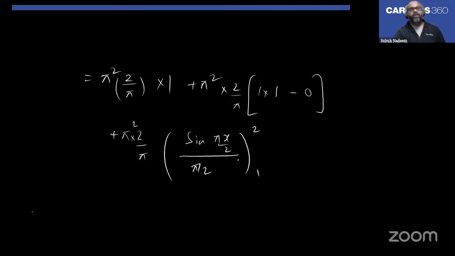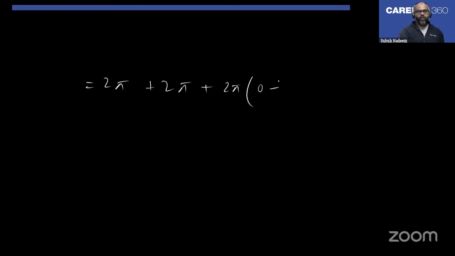And when we put 1, it will be sin π/2, that will be 1. So it will be 2π plus 2π minus 2π.